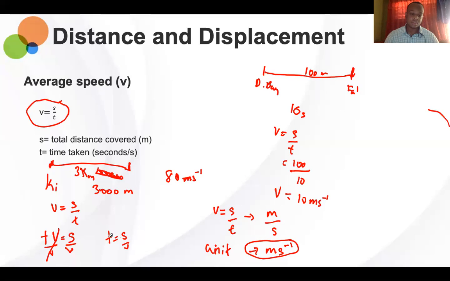Let me get more practical here. So this person moves from this point to this point, and between these points is 3 kilometers. If we convert 3 kilometers, how much do we get? 3,000 meters. Thank you. 1,000 meters is 1 kilometer, so if we do the conversion, everyone sees that. Please tell me if everyone sees that. If you're not seeing it, please tell me.